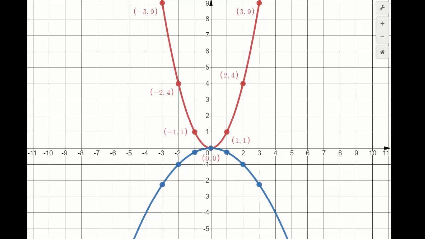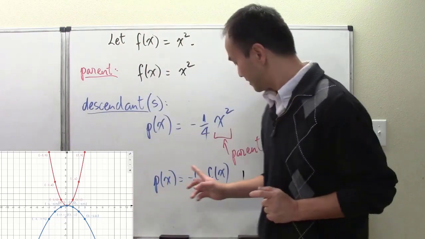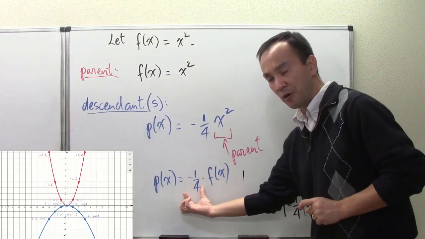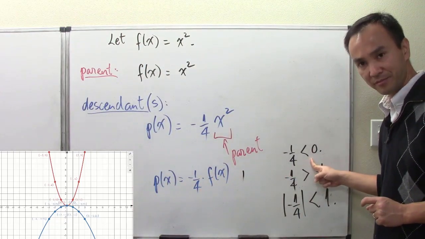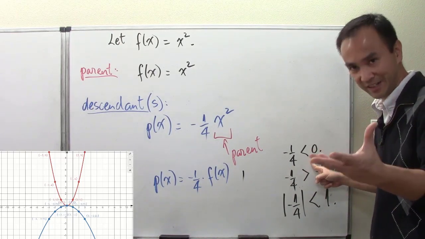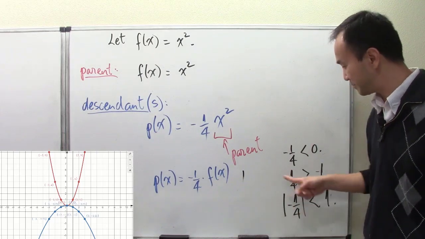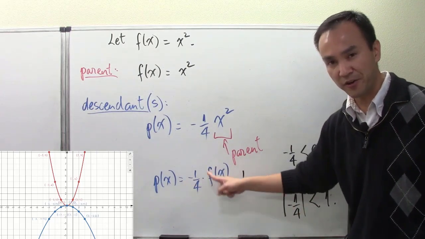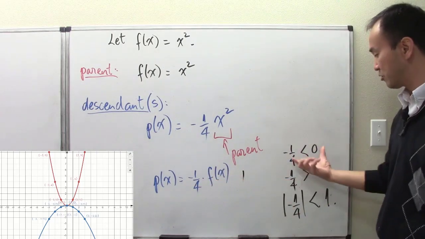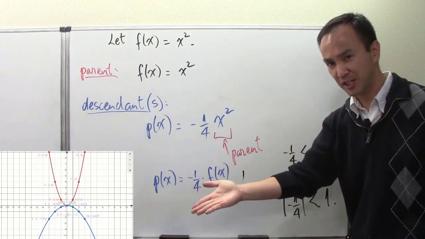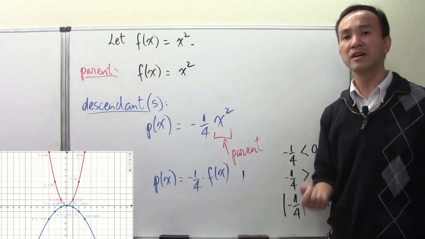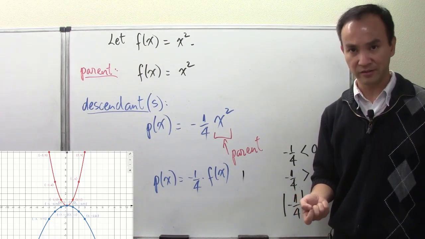All right, so again, what we noticed, being a negative coefficient, for sure, just like the earlier descendant j of x, having a negative coefficient multiplied to the parent function will cause the graph to be flipped upside down, being the mirror reflection of the parent through the x-axis.